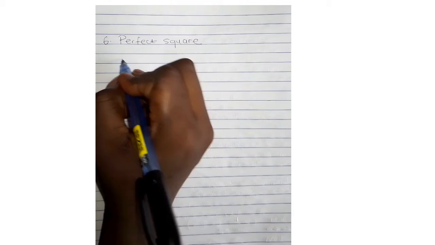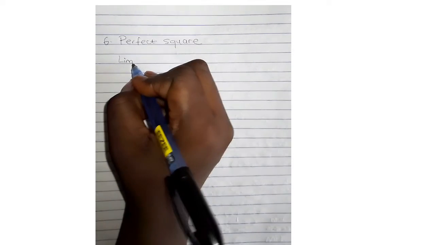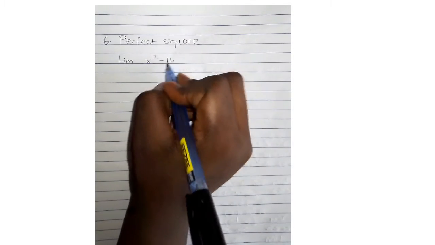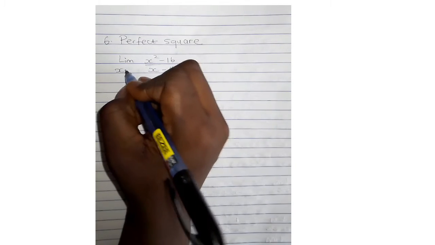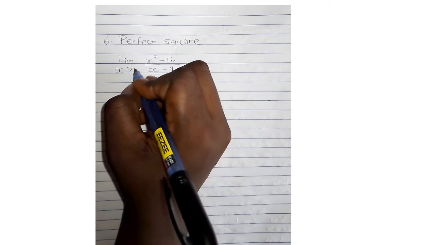So we're going to get a question that involves a perfect square, which is we have to look for the limit of x squared minus 16 over x minus 4 as x approaches 2.